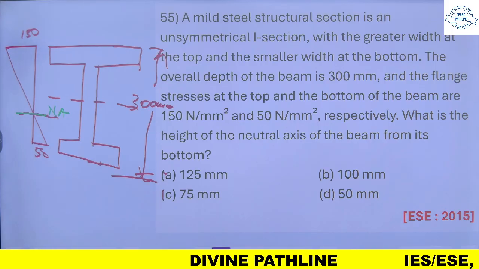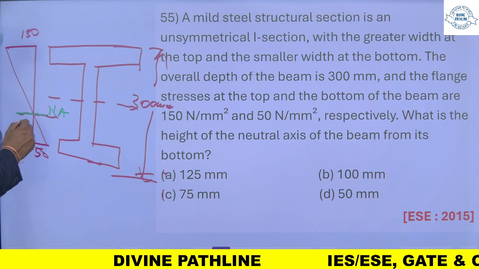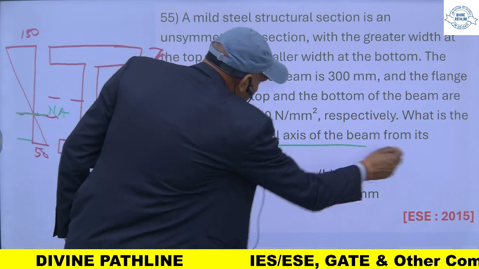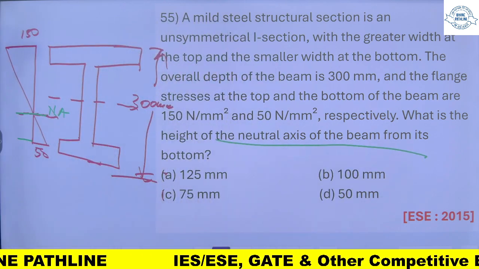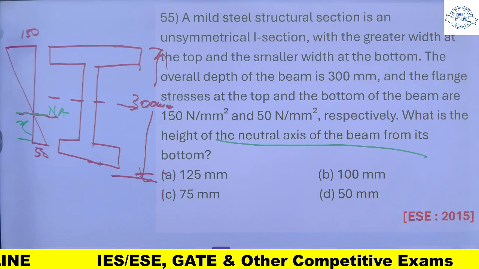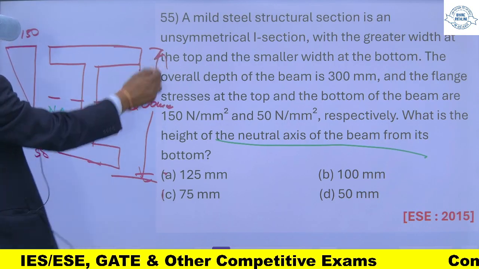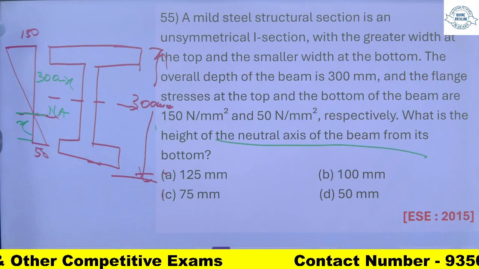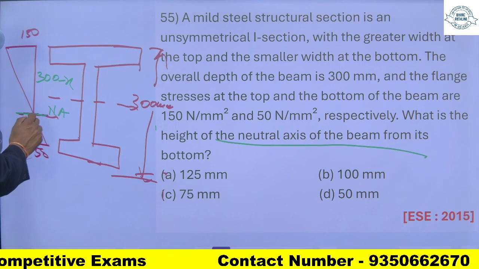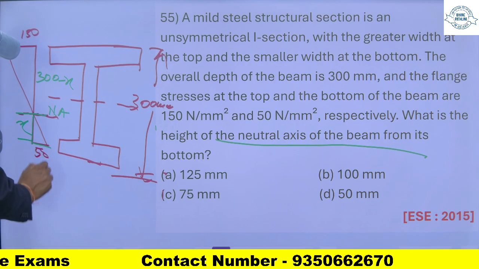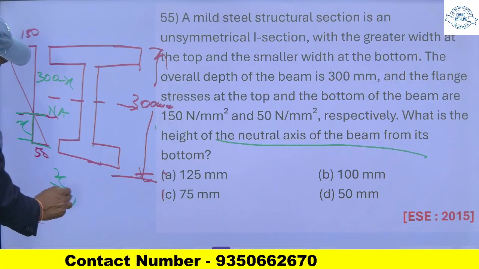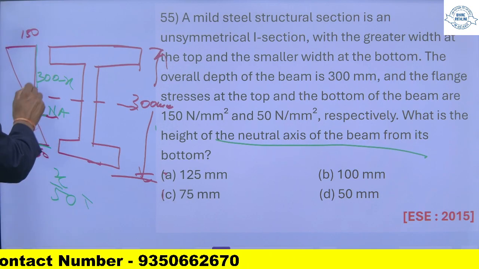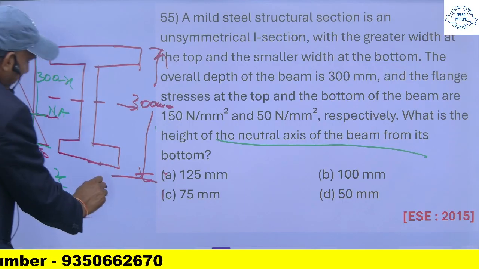So this height from the bottom I have to know. Suppose this is x, so total is 300. If this is x, this will be 300 minus x. So now this side x upon 50 is equal to this 300 minus x upon 150.